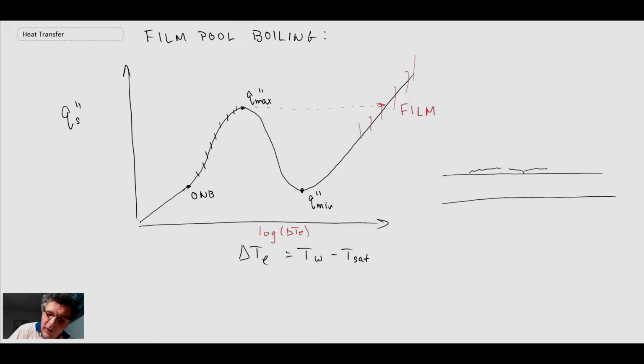But it's that coalescence that gives us a film of vapor over the surface, and consequently the mechanisms of heat transfer become mainly radiation. Radiation does dominate. But we're going to look in a regime where we have both convective as well as radiative heat transfer, and I'll show you an equation that you can use to estimate the amount of heat transfer in this film region. So let's take a look at that.